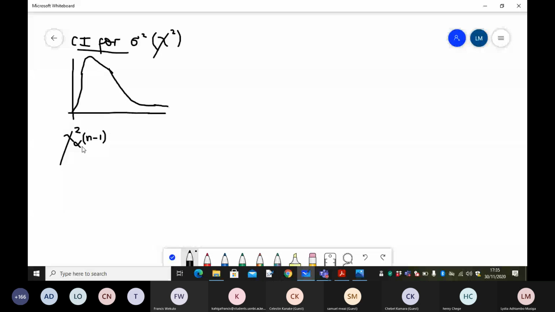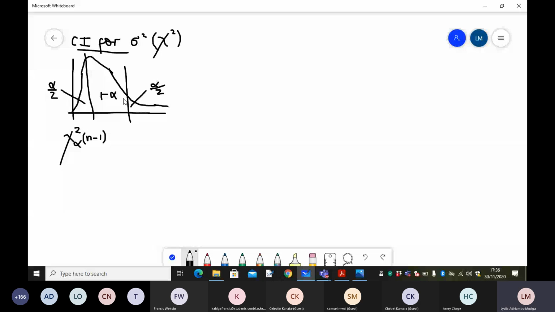So if the middle area is 1 minus alpha, then obviously the small area to the right is alpha over 2, and the small area to the left is also alpha over 2. The middle area is 1 minus alpha.